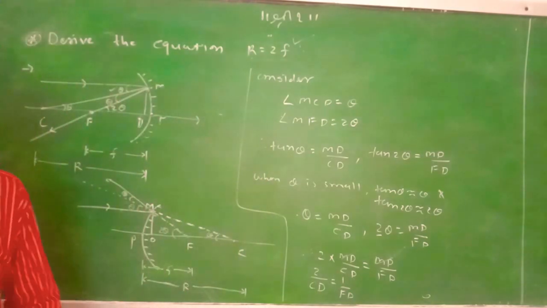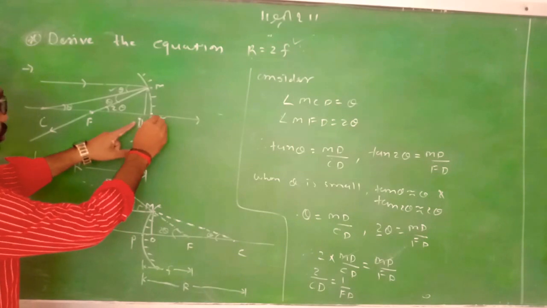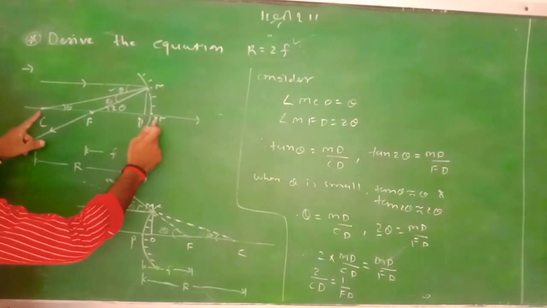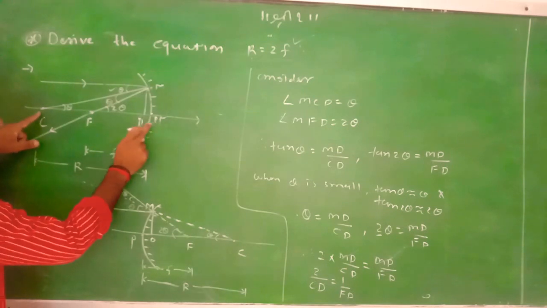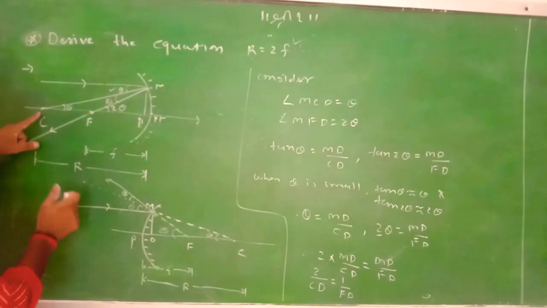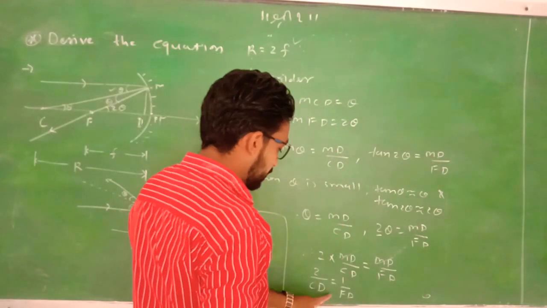Okay, now in the starting we considered that D and B are very close to each other. Because of that, CB is equivalent to CD. This D is very close to B because this is small. So from the figure, you can say our last equation is this one.